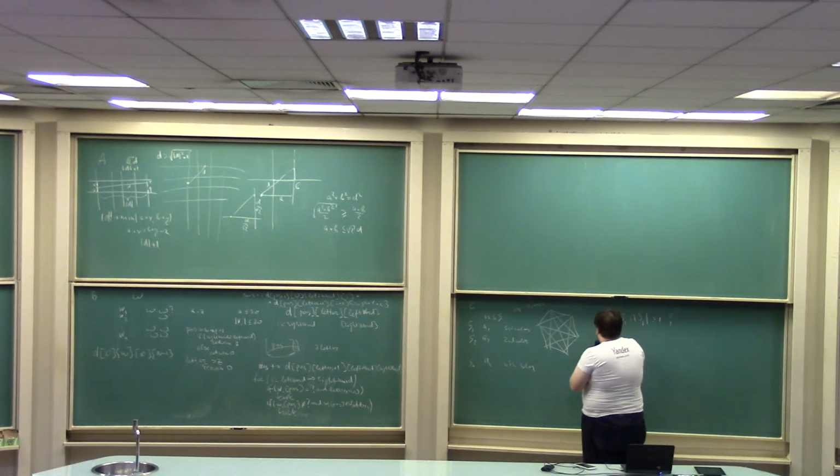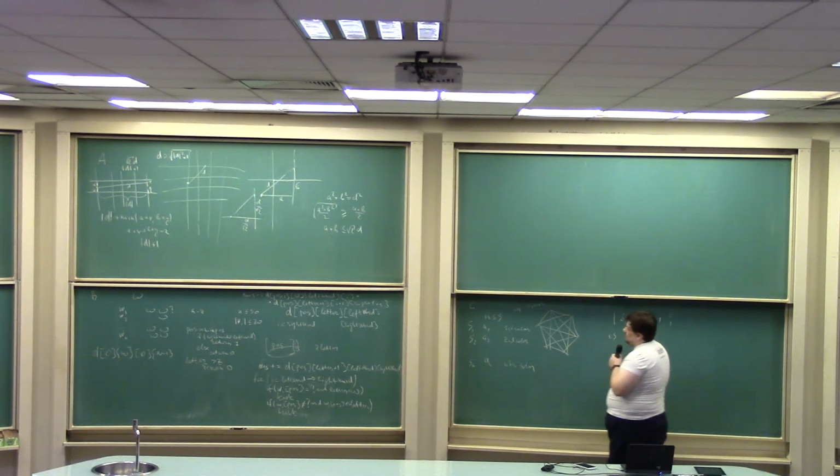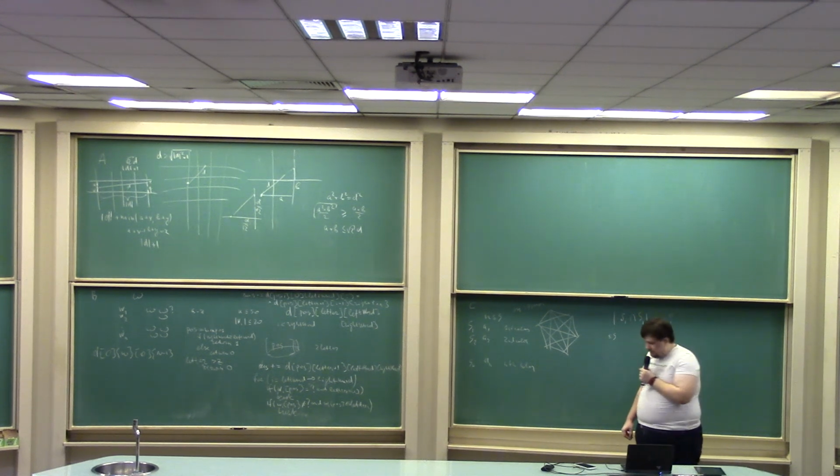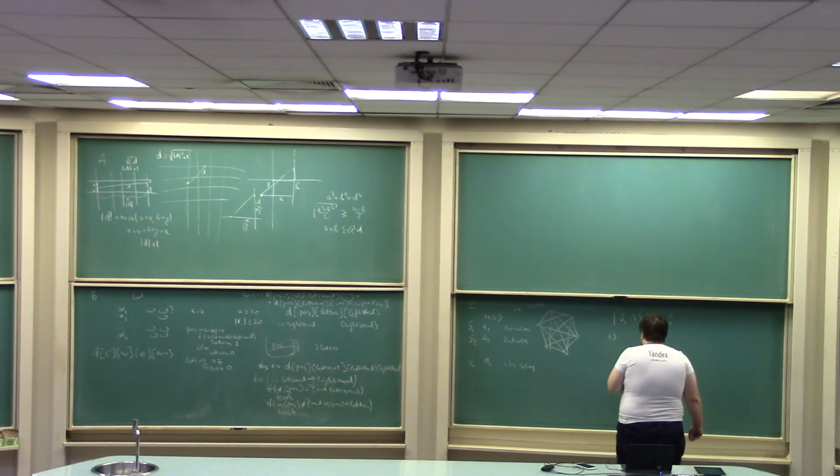We have a total of no more than 5 sets, which means we have no more than 10 pairs of sets.